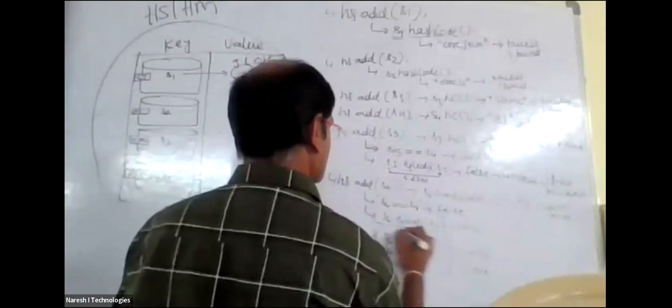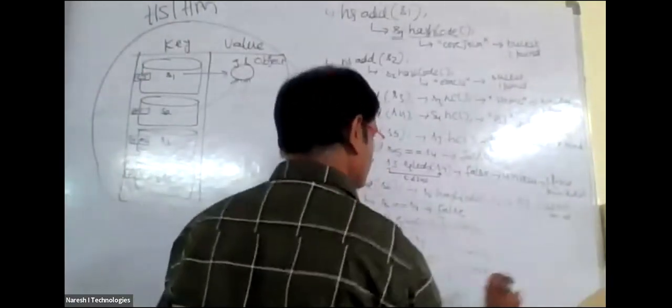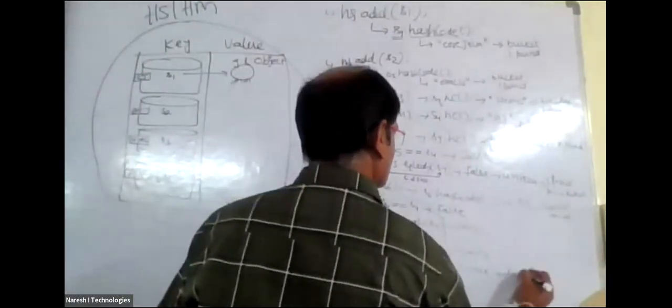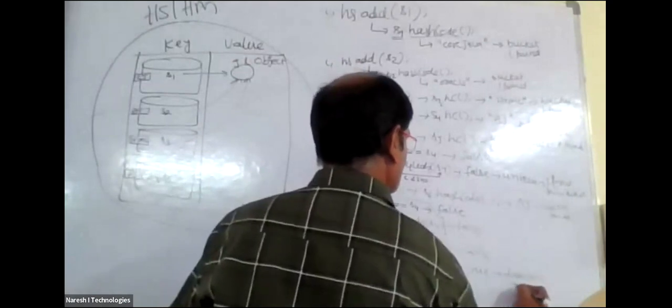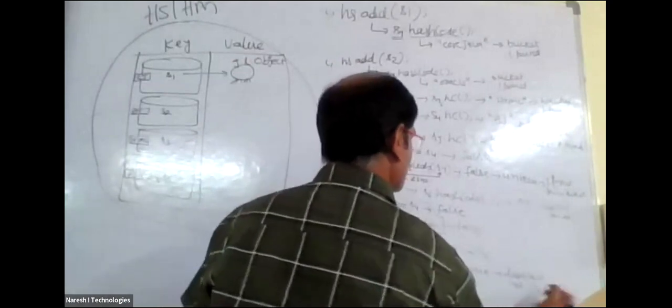True means duplicate, so it is not stored. So this bucket contains only two objects, S4 and S5.